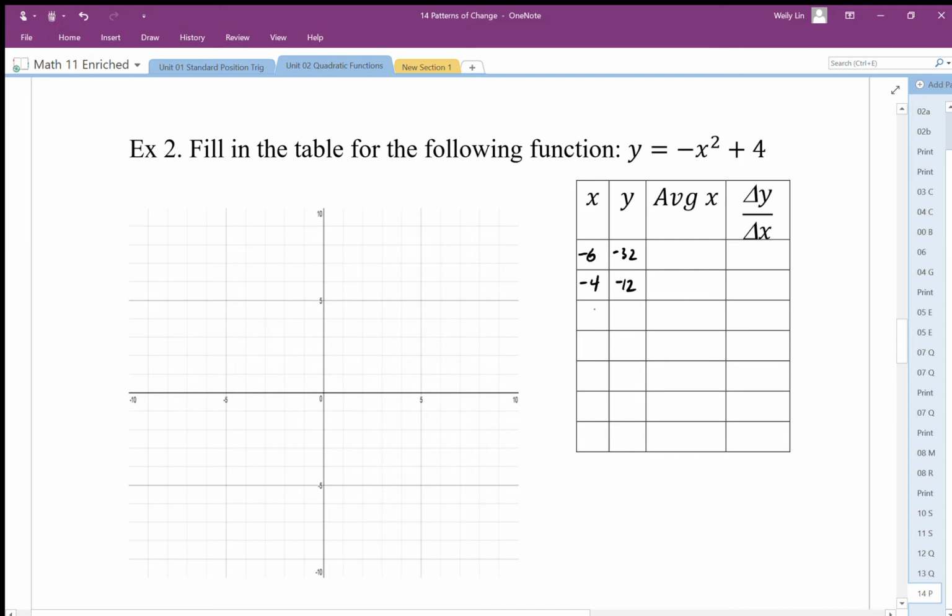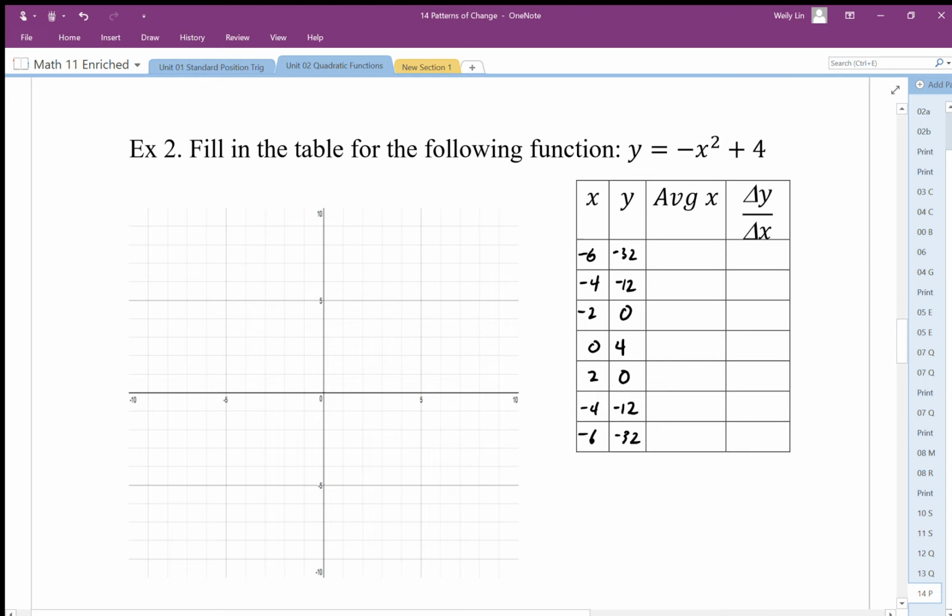Negative 2 is going to be 0. 0 is 4. 2 is going to be 0. Negative 4, we get negative 12. Negative 6 is going to be negative 32.